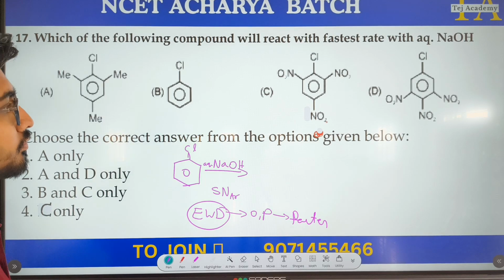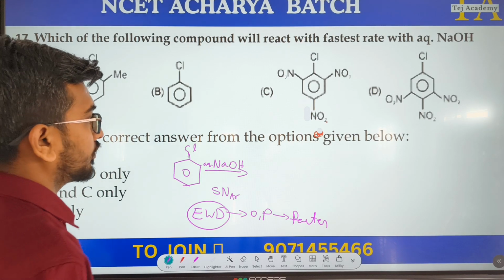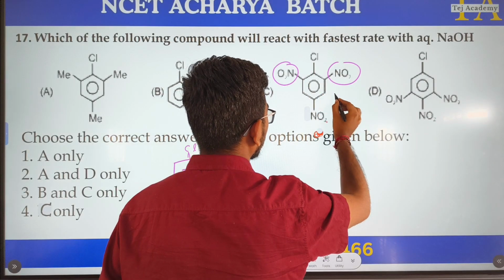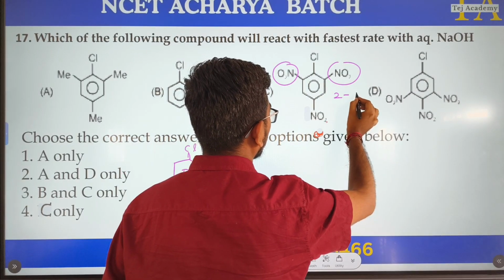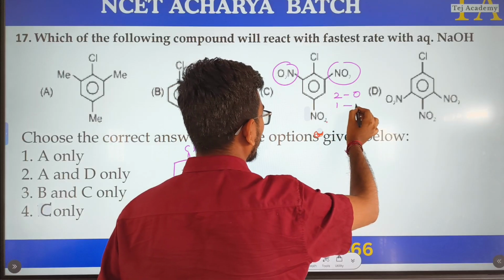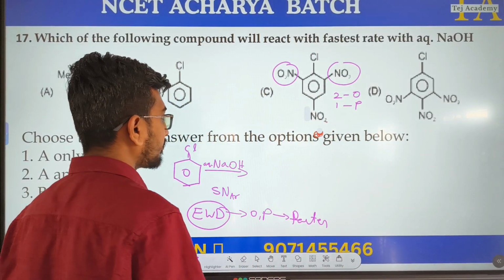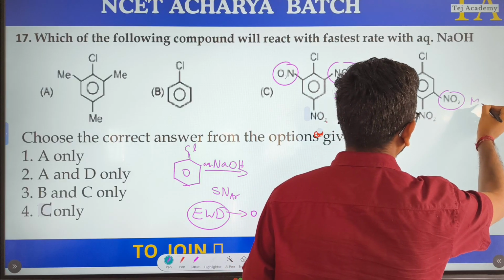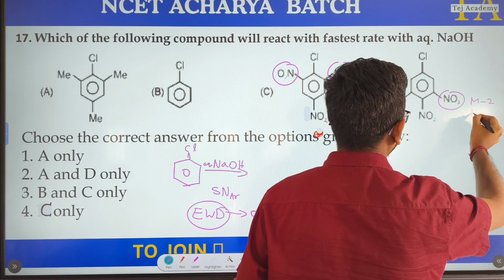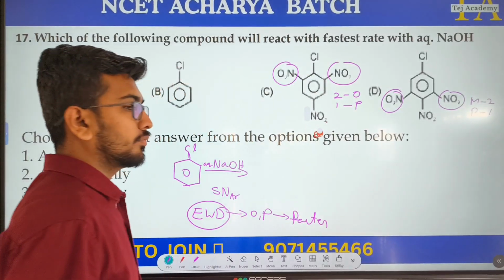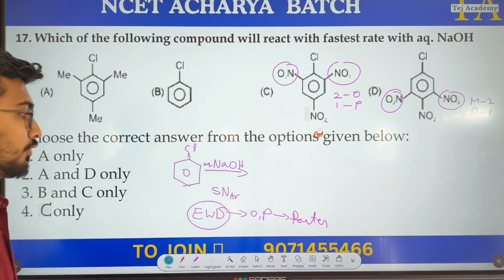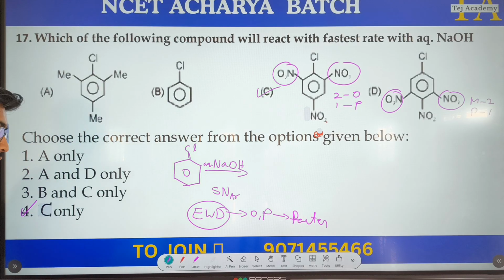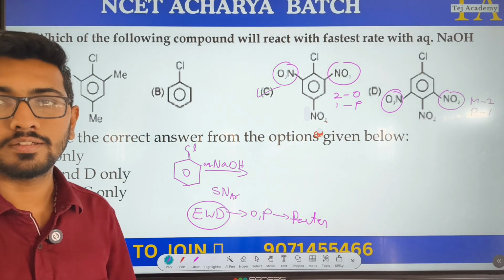So among the four options, which option is having electron withdrawing groups? C and D. In option C, 2 NO2 groups are present at ortho position and 1 NO2 group at para position. In the fourth option, we have 2 NO2 groups at meta position and 1 NO2 group at para position. So which option is correct? Option C only.